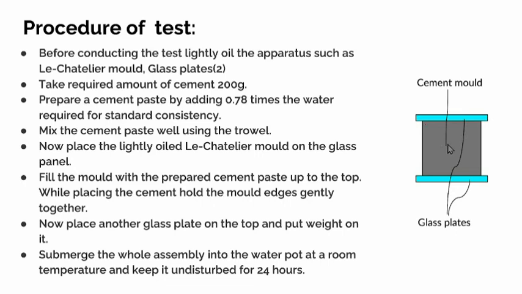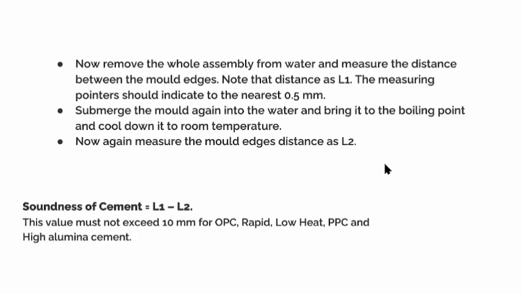Here it shows the cement mold and the glass plates that are covering the mold from both sides. Submerge this whole assembly into the water for 24 hours. After 24 hours, we remove the whole assembly from the water and measure the distance between mold edges.